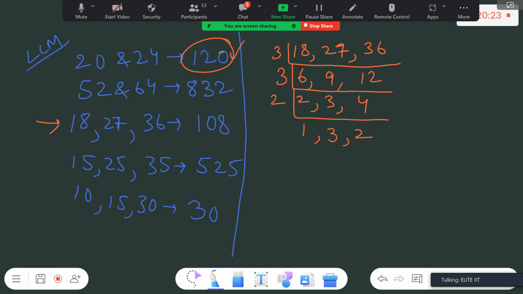Now, can you divide any other 2 numbers at a time? Now can you take any 2 at a time and find any common prime factor?